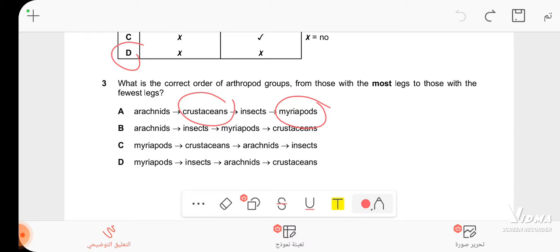So let's remember the classification of animals and how many pairs of legs each has.